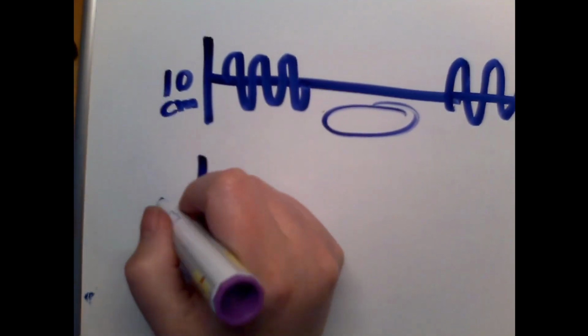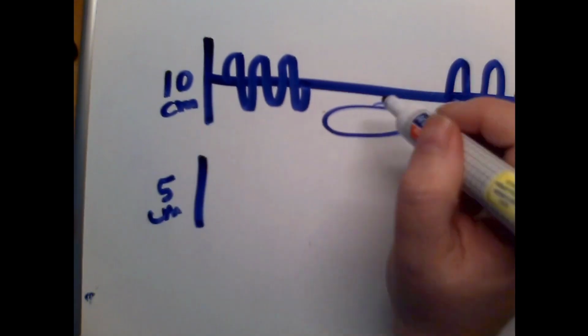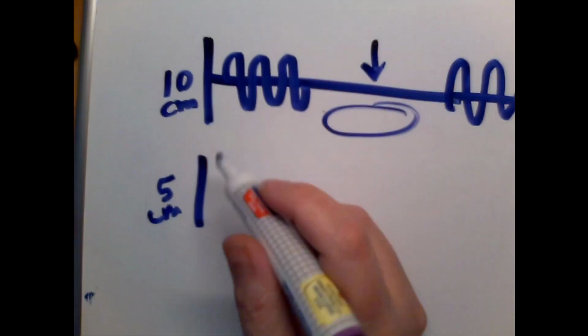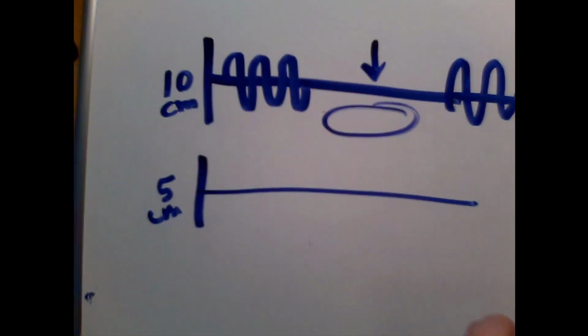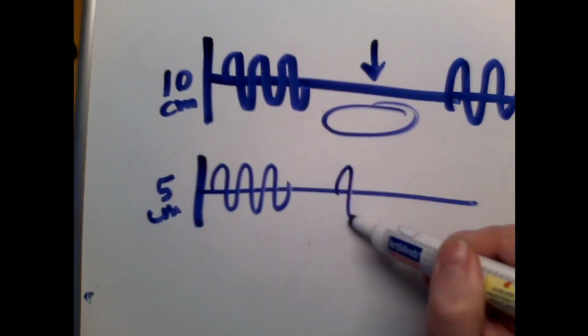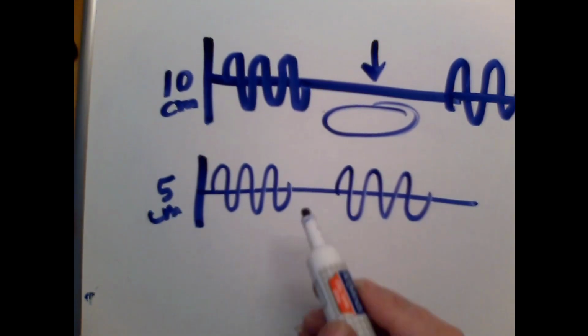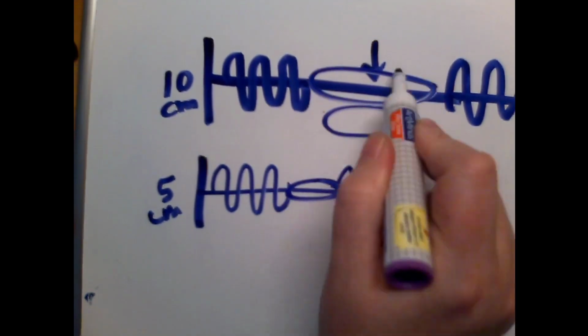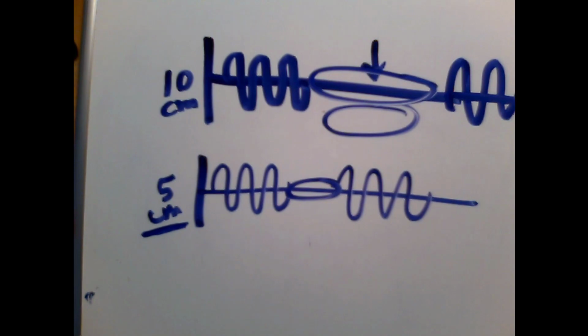If we reduce our depth to 5 centimeters, we are now going to reduce this off time. So here's our first pulse, and then here's our second pulse. We've reduced that off time because we reduced the depth that we have to image to.